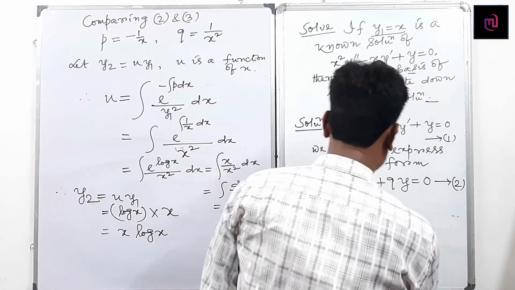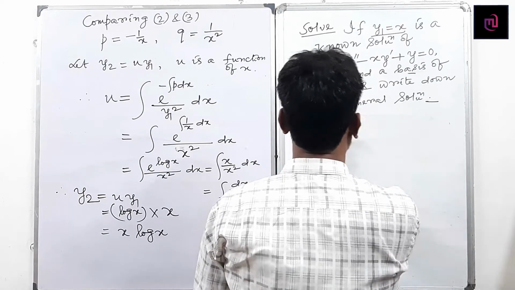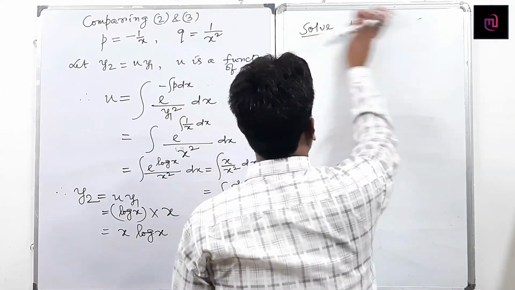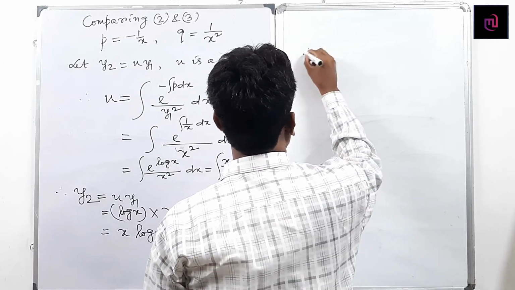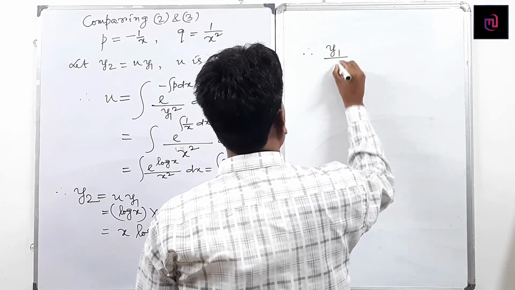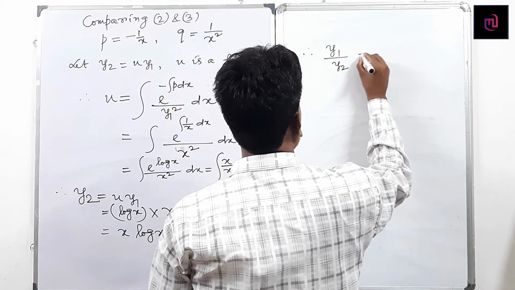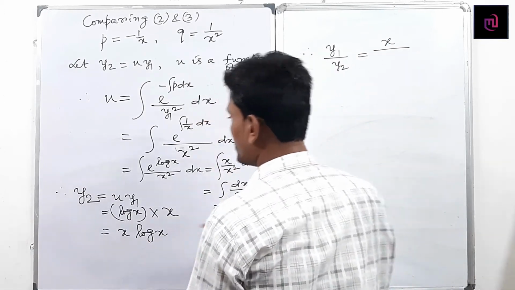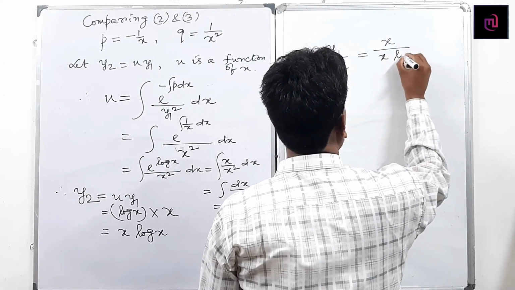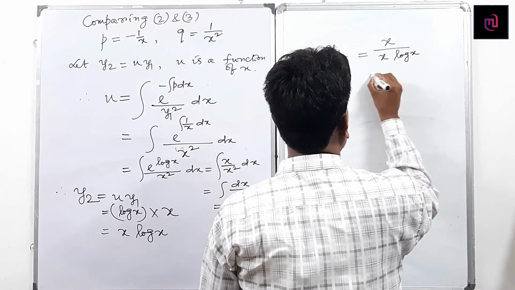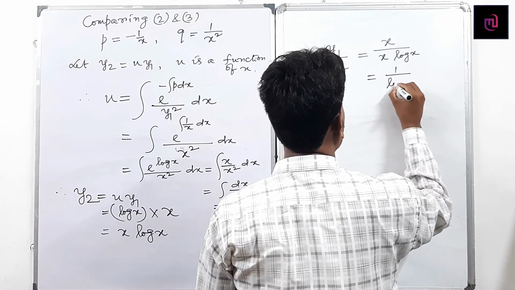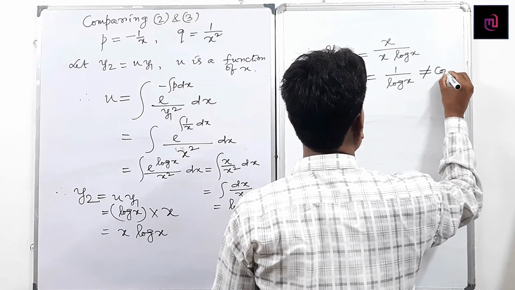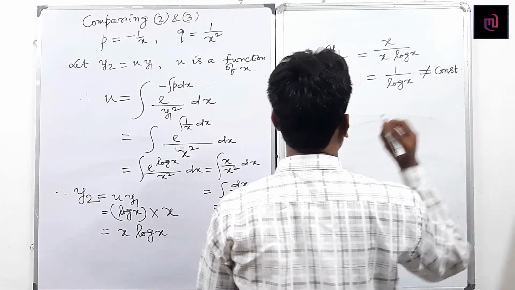So y1 by y2 equals x divided by x log x, which becomes 1 by log x, not equal to a constant.